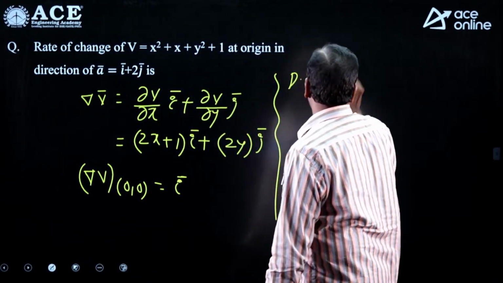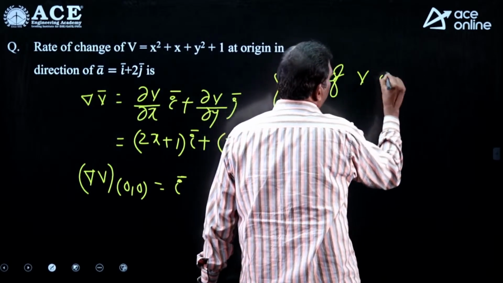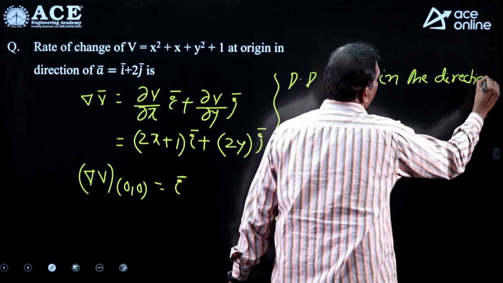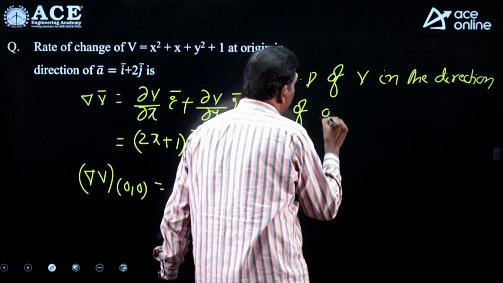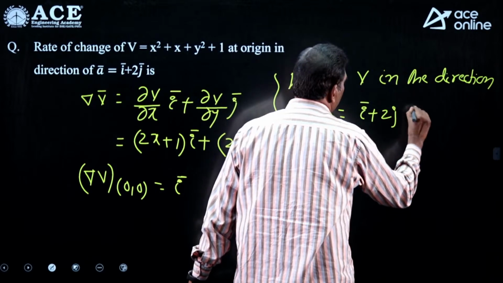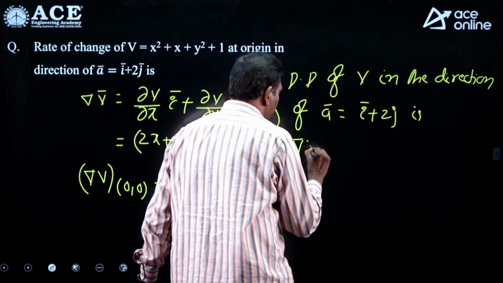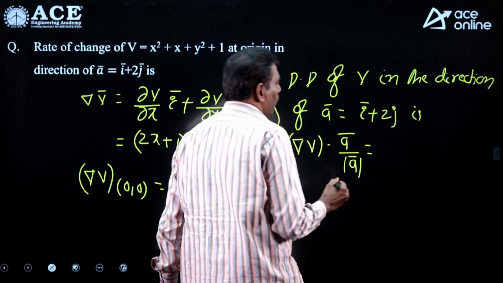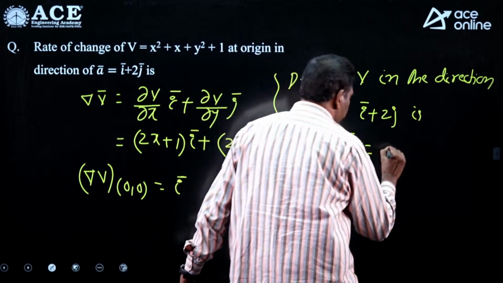The directional derivative of V in the direction of A bar, where A bar is i bar plus 2j bar, is del V dot A bar by modulus of A bar. What is del V? The gradient of V is i bar.